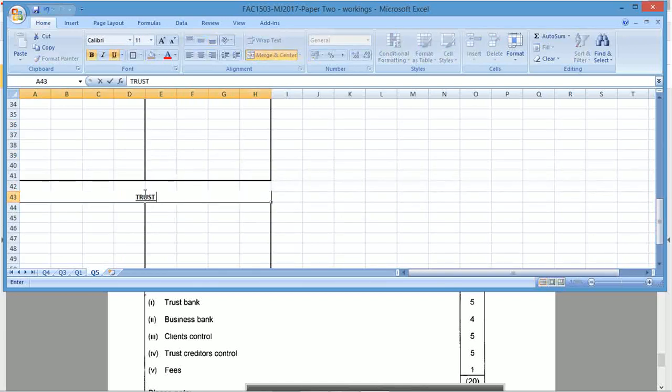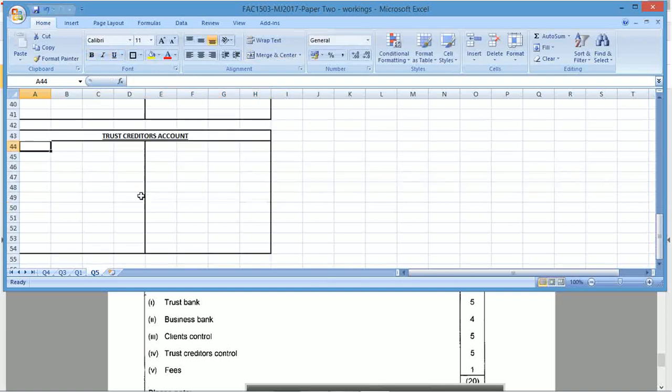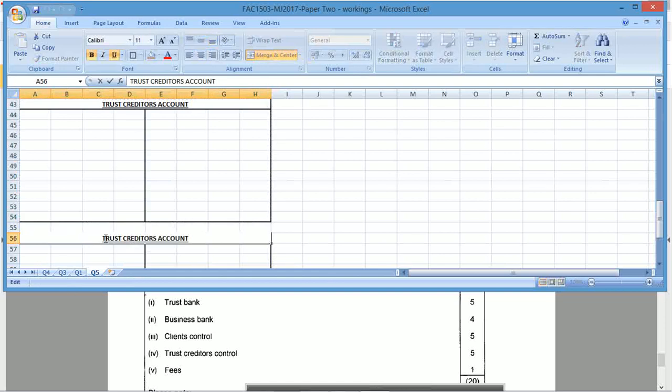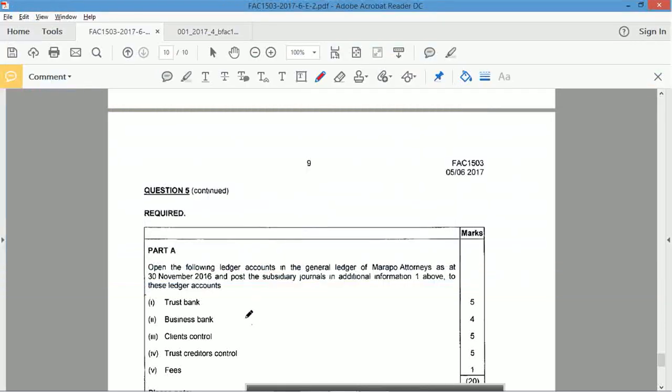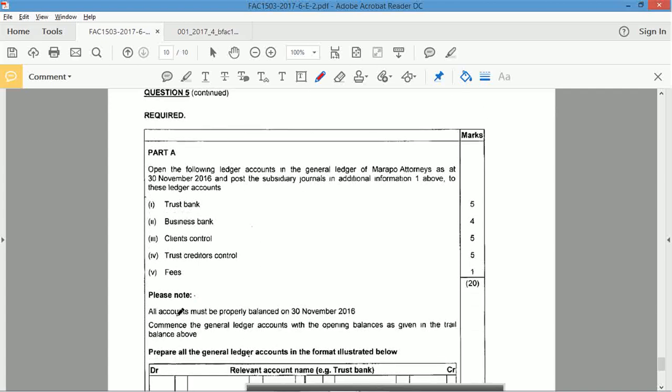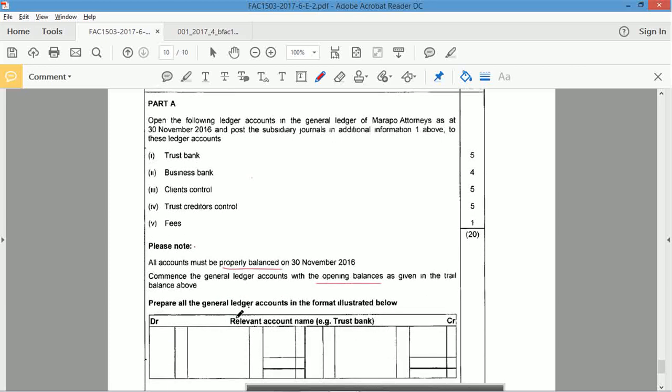Trust creditors accounts. And yes, fees. Perfect. So now you've got your answer. They said all accounts must be properly balanced. That's important. Commence the general ledger accounts with the opening balances. That's important. Prepare the general ledger accounts in the format illustrated below. That's also fine.